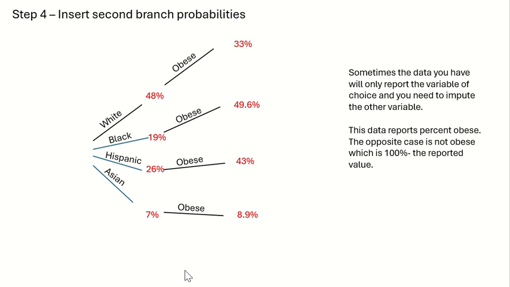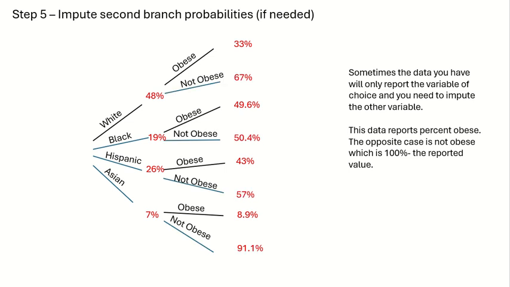All right, from this, more information is given. It says that of the people who were surveyed, 33% of the white people were obese, okay? 49.6% of the black people who were surveyed were obese, and you see the rest of it. Once again, we're looking at 100% probabilities, which means to us that once we start going down this pipeline, if 33% of the white population is obese, then 67% are not obese, all right?